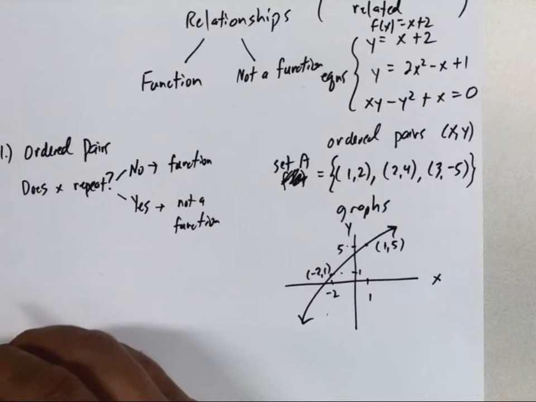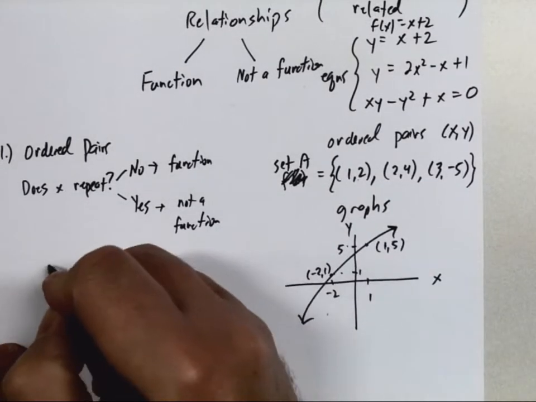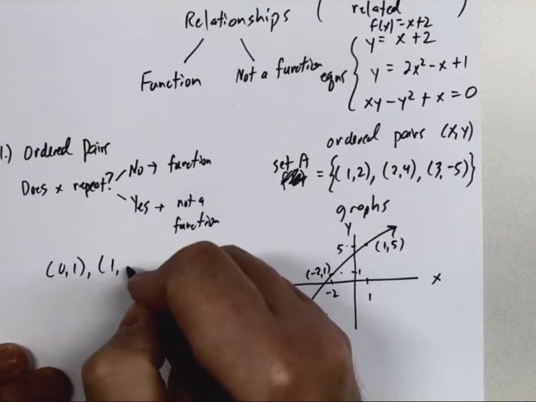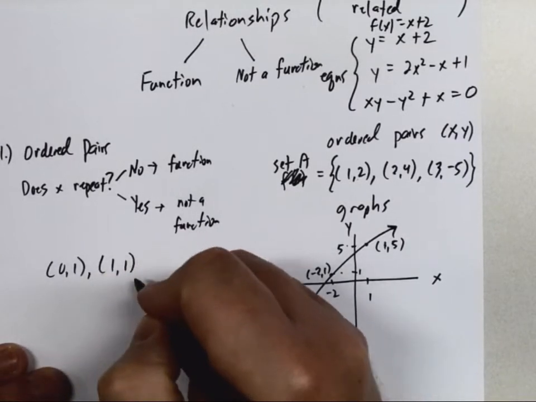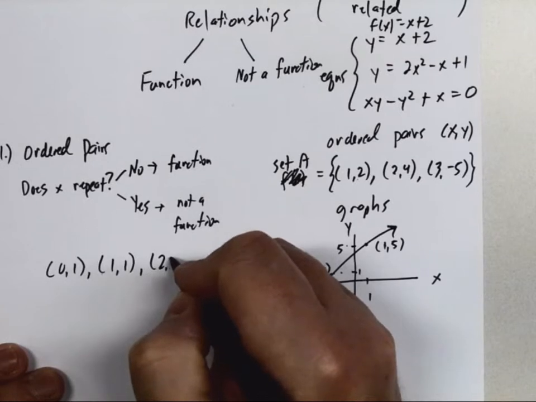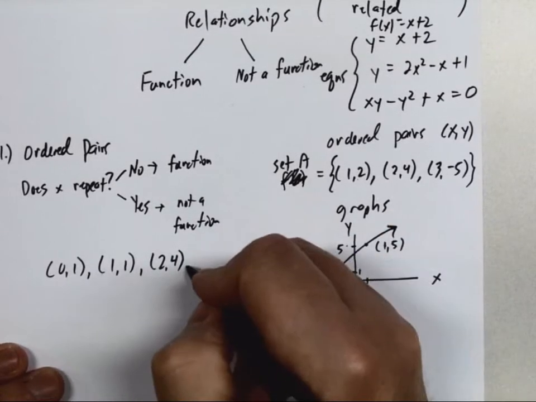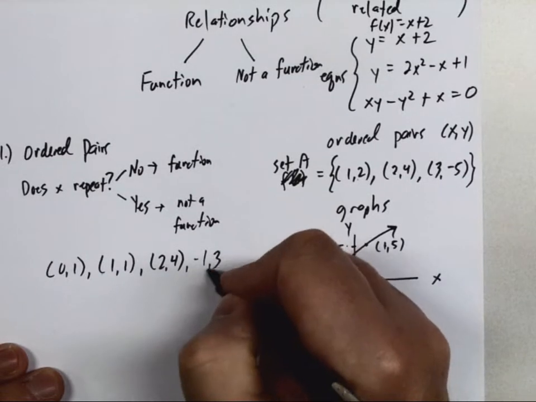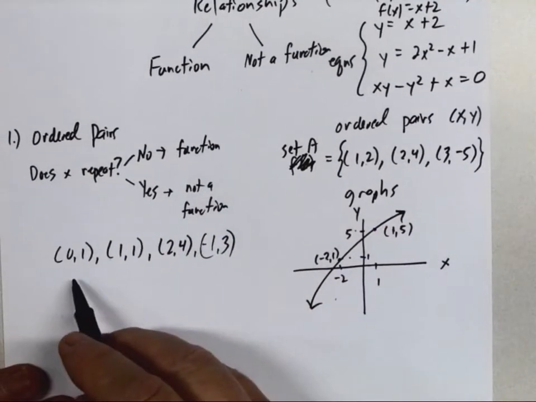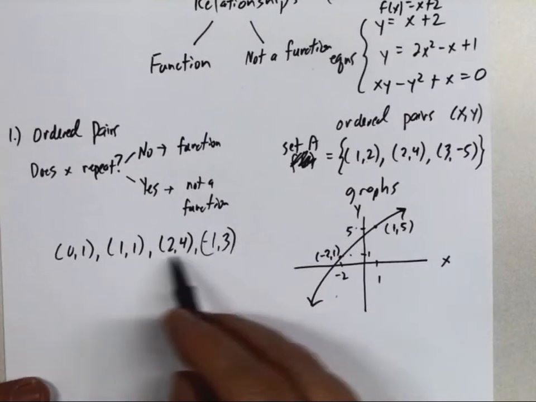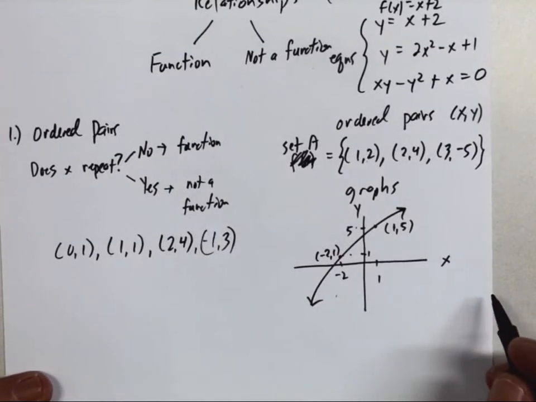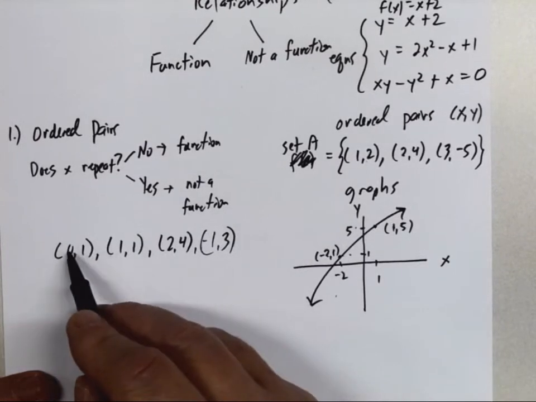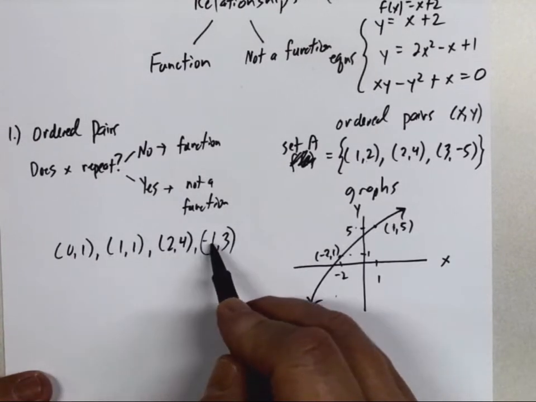Okay, let me do another one. How about, so if I start with 4 ordered pairs, would this be a function? You simply look at the x's. 0, 1, 2, -1.